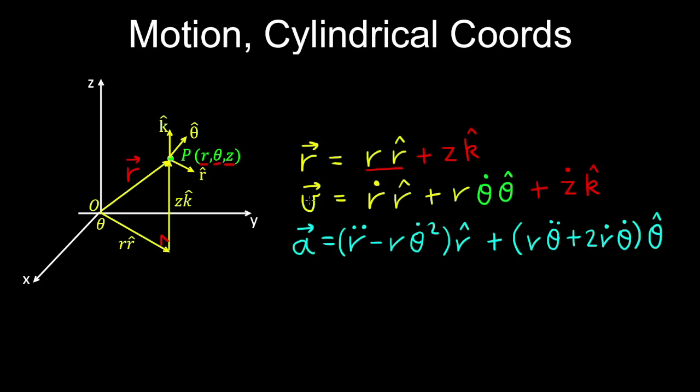And then differentiating again, the derivatives of these terms give the exact same components for the acceleration in the radial and theta directions, and we add the derivative of the z term, which is the acceleration in the z direction, or the second derivative of z with respect to time, in the k direction, where k is constant.